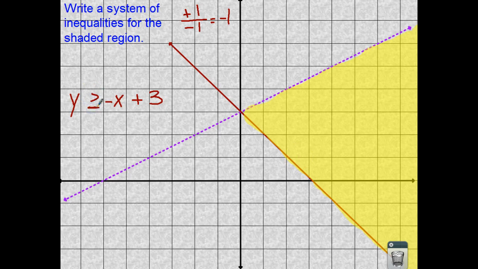So there is inequality 1, and let's finish off the system, the purple line. I'm just trying to stay consistent with the colors here. So the purple line, as I mentioned, is sharing the y-intercept. I need a slope. The slope of the line is a positive slope, and what is it? Rise 1 and run 2.